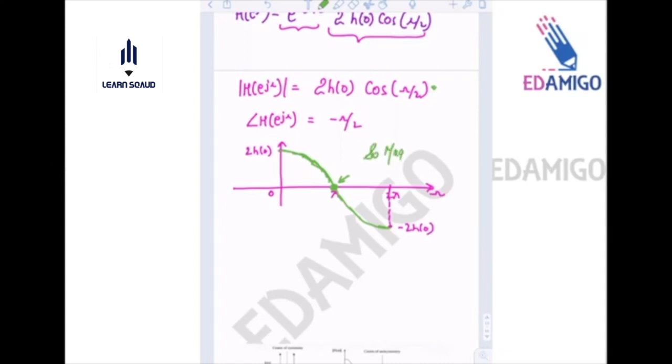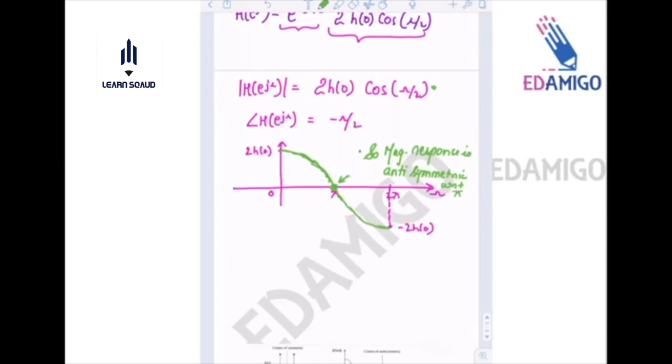Okay, so I can say that the magnitude response is antisymmetric with respect to π.